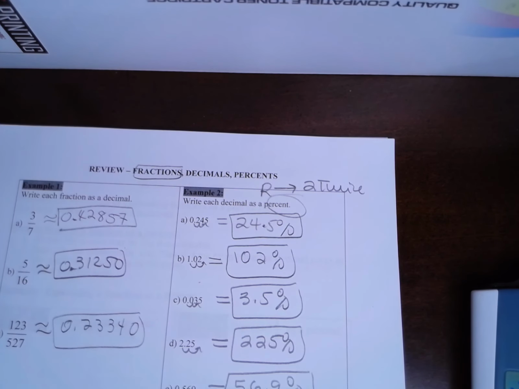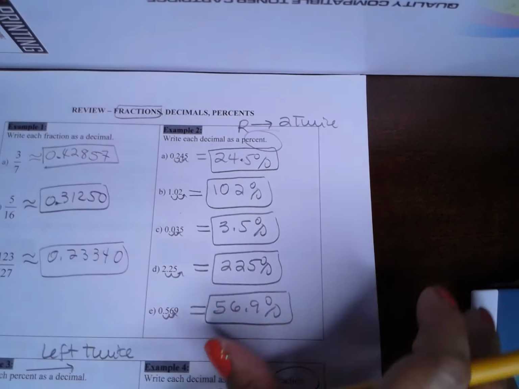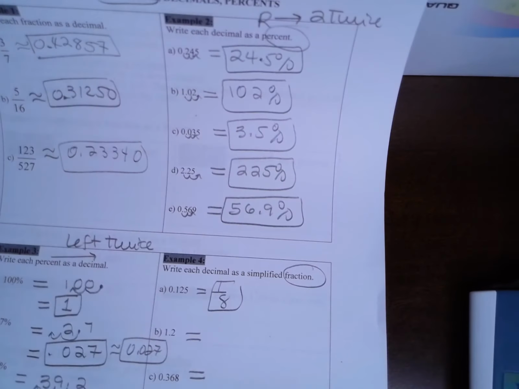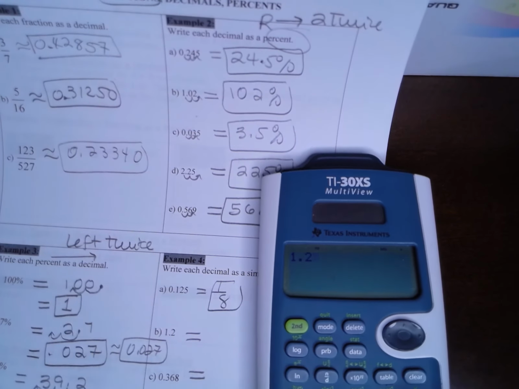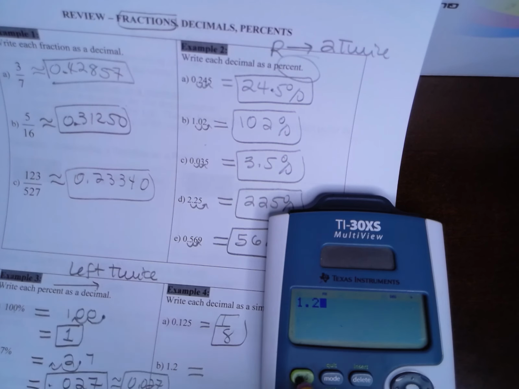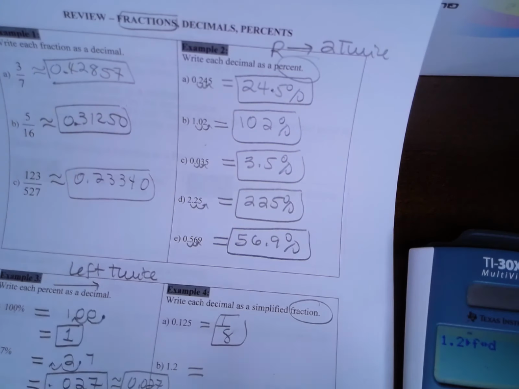I'll demonstrate it 2 more times with the other 2 exercises here. So 1.2. Again in this calculator, we press the second key and table to access the fraction to decimal, press enter, and the calculator tells me 6/5.